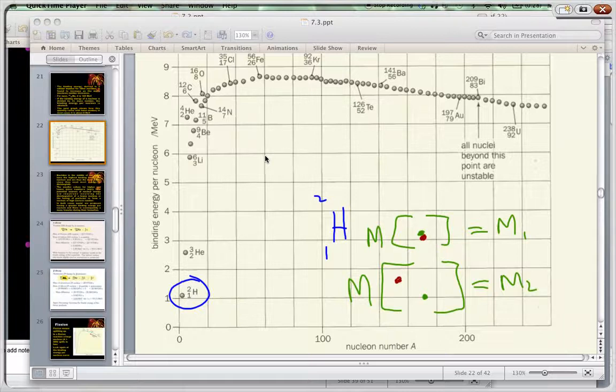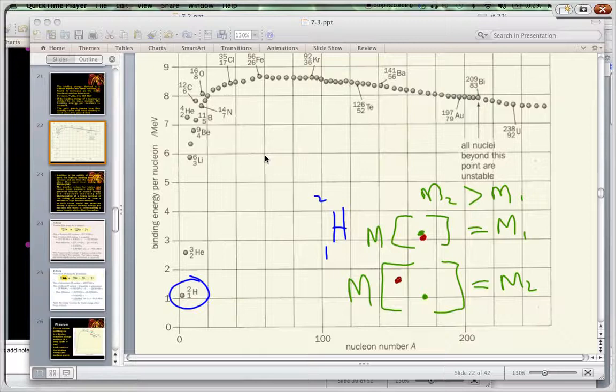We would find that mass 2 is greater than mass 1. It gives off energy when that occurs, and there's a mass defect there. There is a loss of energy in that.